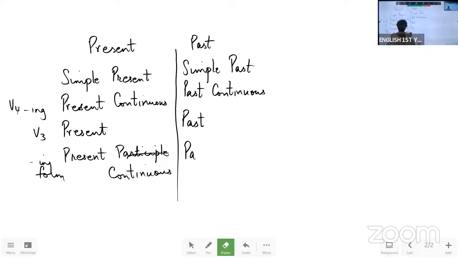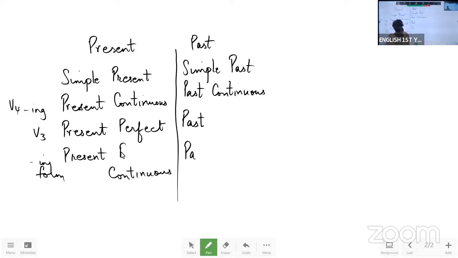Having taught you participle, the participle has come into my mind. It is present perfect, present perfect continuous. We use the V3 or past participle, but it is known as perfect. Past perfect and past perfect continuous.